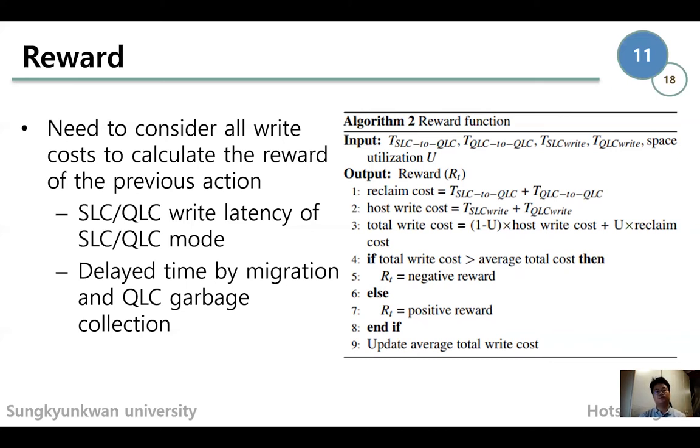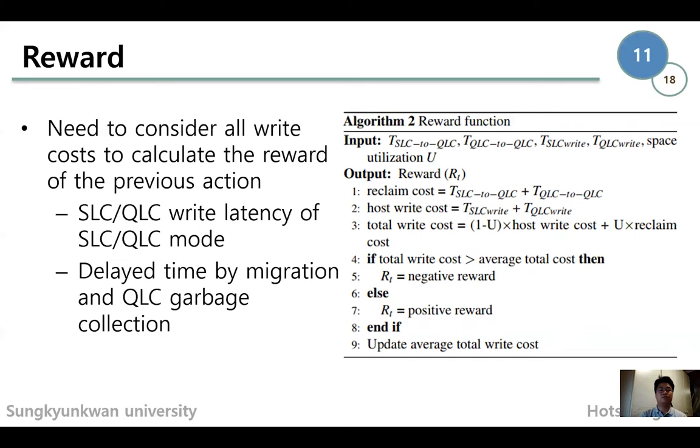And then we determine total write cost, which is a weighted sum of the host write cost and the recurrent cost. As the space utilization is higher, a higher weight is given to the recurrent cost and lower weight to the host write cost. This is because the impact of recurrent cost on the overall performance is more significant at higher space utilization.